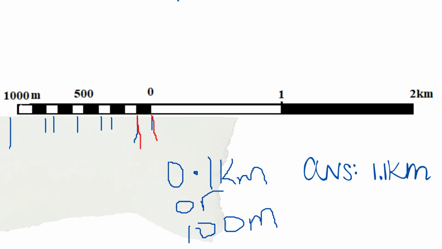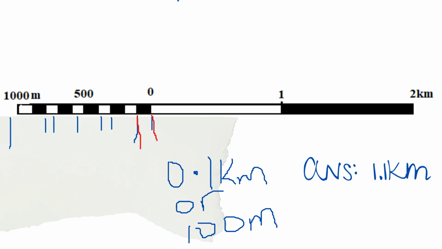What we're going to do is take that little surplus and measure it at the other end. This other end is fractional. This other end is in meters. Again, we are going to start at the 0 and we are going to be measuring this time to the left.